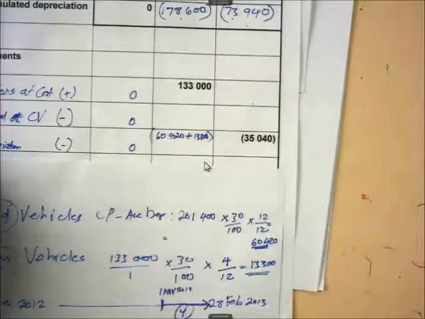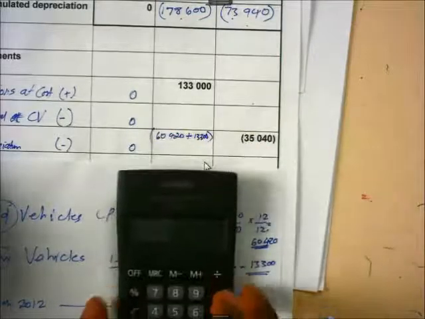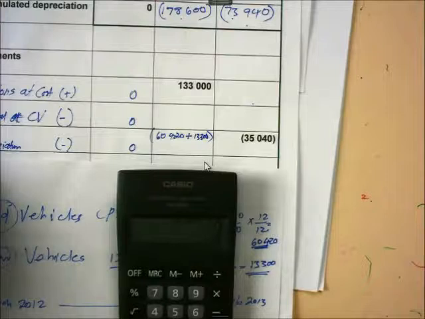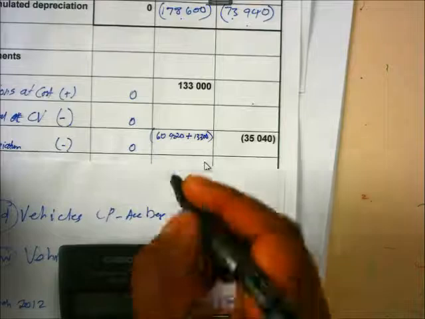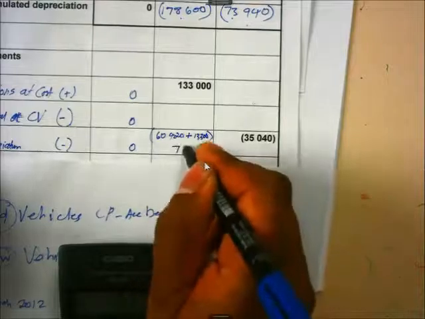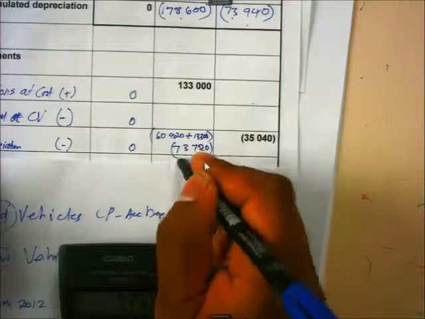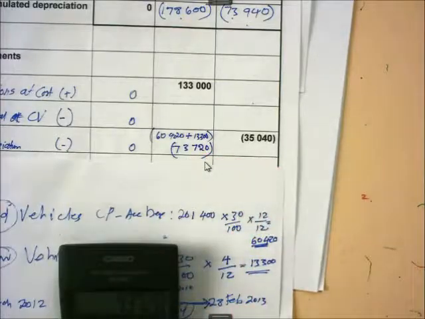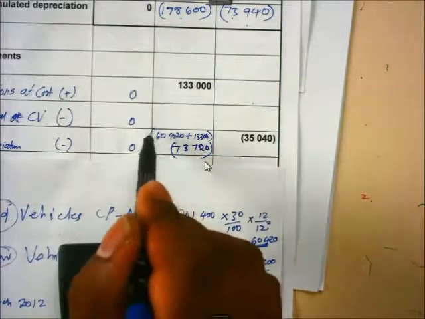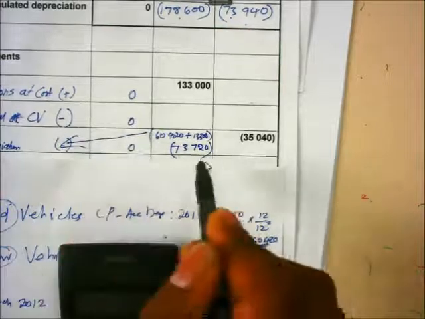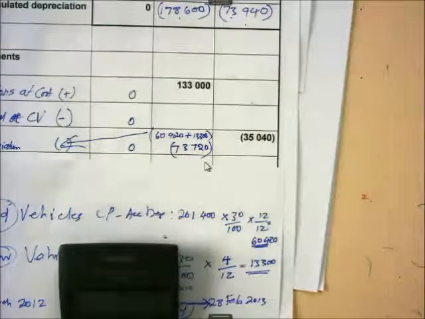And then when you add the two of them, 60,420 plus 13,300 is equal to 73,720, which of course must be subtracted. Now, you can show these calculations here instead of there, but I just wanted you to see where I have them.